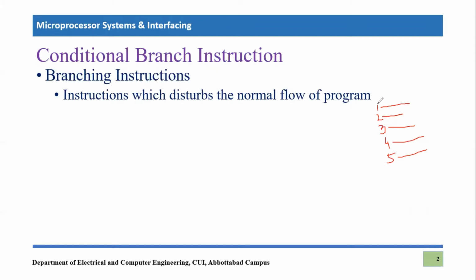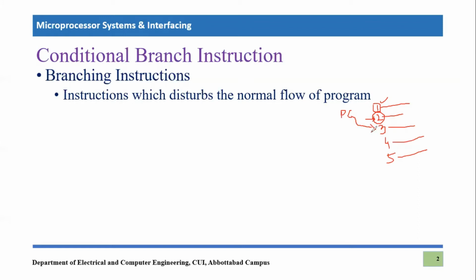If instruction 1 is being processed by CPU, then instruction 2, which is the next instruction, will be pointed by program counter, or in other words, program counter will have the address of instruction 2. When this instruction finishes, my CPU fetches instruction 2 and it goes through the process of execution. Similarly, program counter increments itself and points to the next instruction. So this is the normal flow of program.